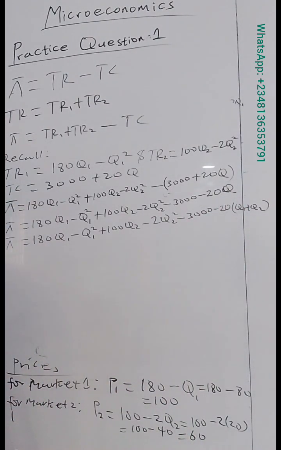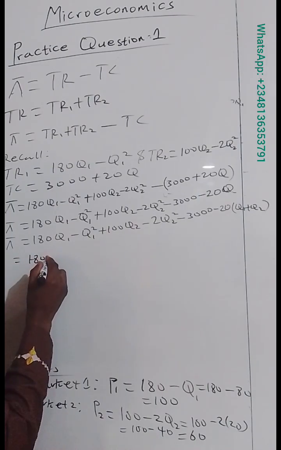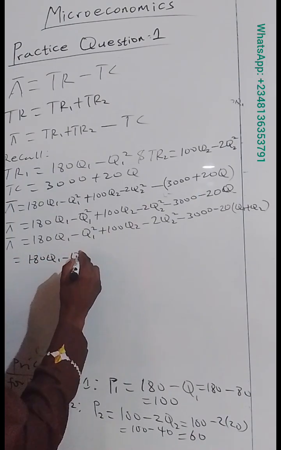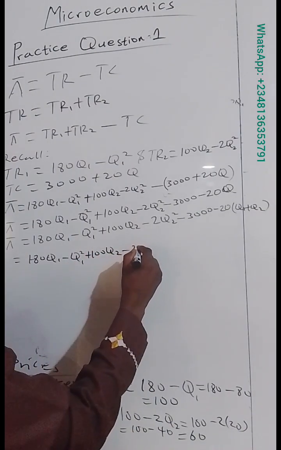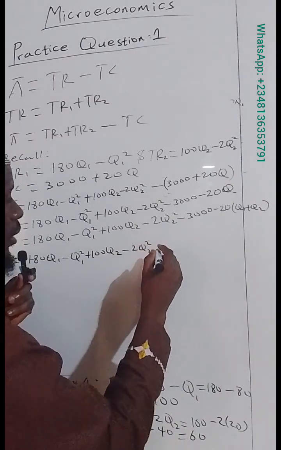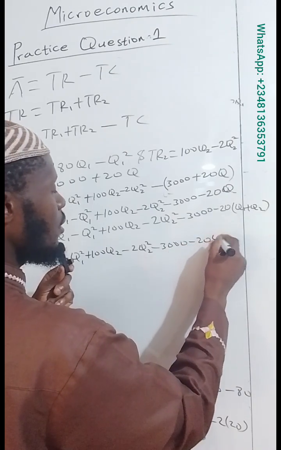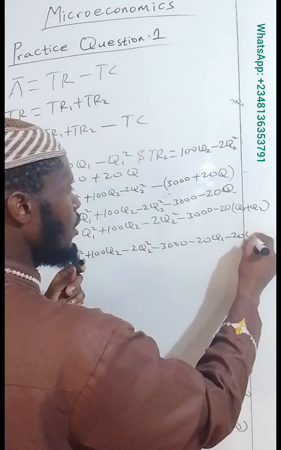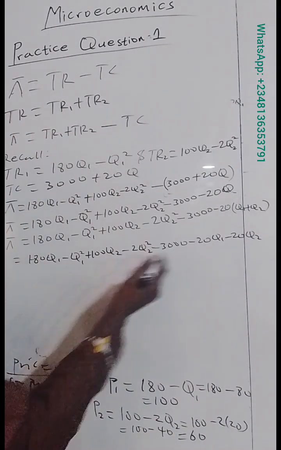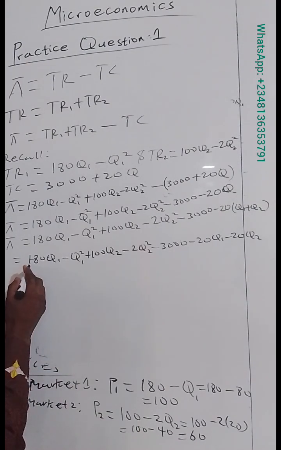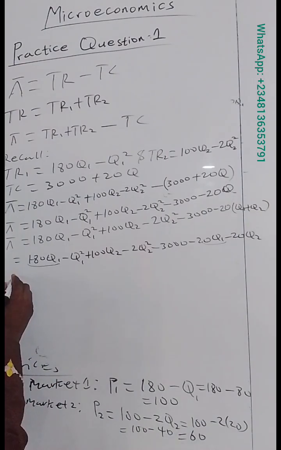So you can simplify further: 180Q1 minus Q1 squared plus 100Q2 minus 2Q2 squared, then minus 3,000. Then you open this bracket, you have minus 20Q1 and minus 20Q2. You can then collect the like terms.